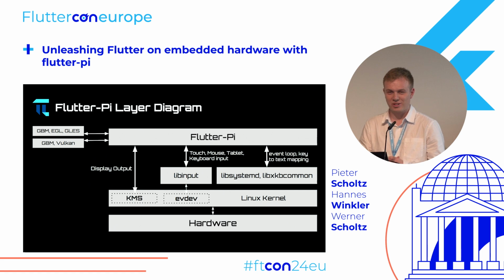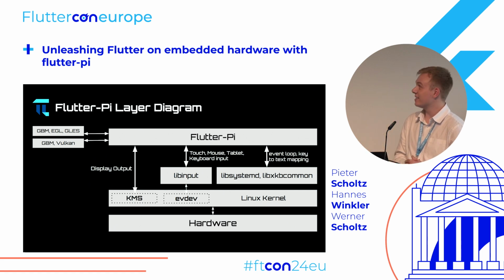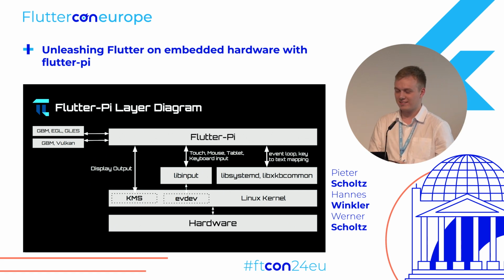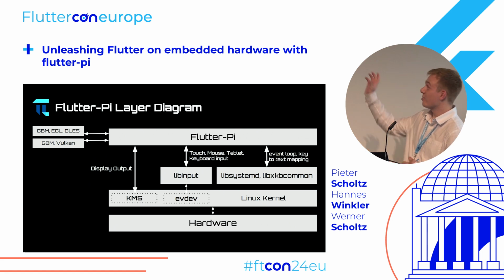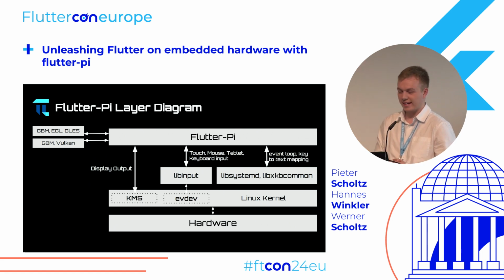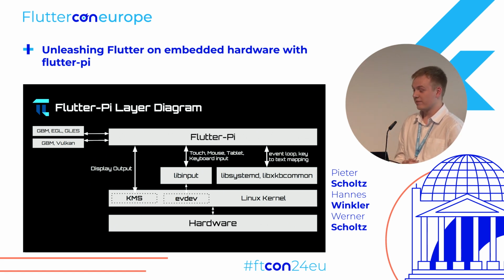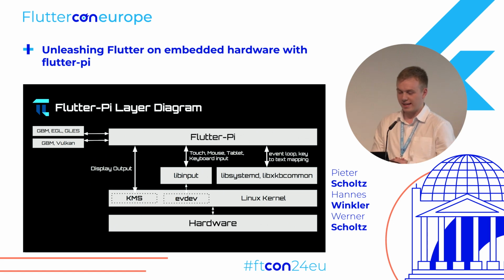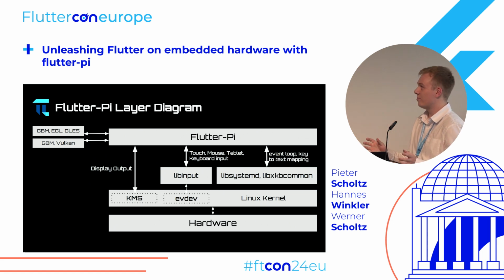So to get a bit of a grasp of how that's done in detail, let's have a look at the Flutter-pi architecture. On top you can see Flutter-pi, and above there would be even the engine and the Flutter app. And for graphics, Flutter-pi normally talks to the normal Linux graphics driver stack.